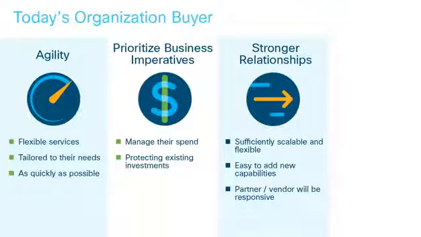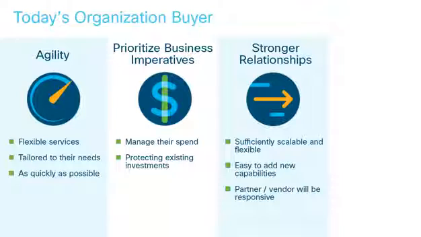Stronger relationships. The purchasing model needs to be sufficiently scalable and flexible to enable the business to continue to grow, making it easy to add new capabilities as they move forward. This is also where the strength of customer, partner, vendor relationships is important, as the customer needs to be sure that the partner, vendor will be responsive to their needs.